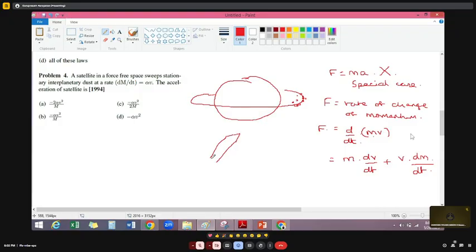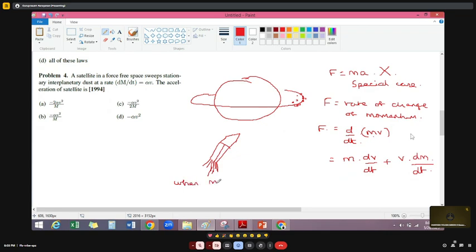So the rocket is like this. You can see that a huge amount of mass is going out as fuel, which means the mass is actually decreasing. So in a satellite situation or a rocket situation the mass is not constant, right? So take it down properly.